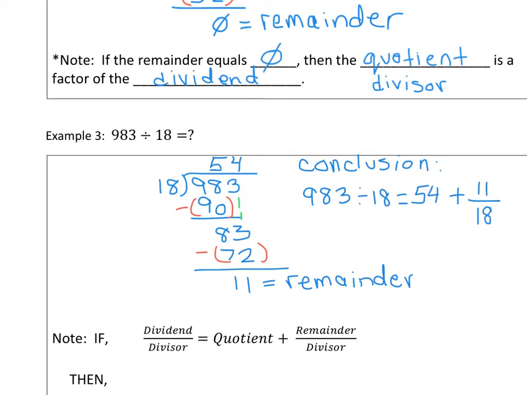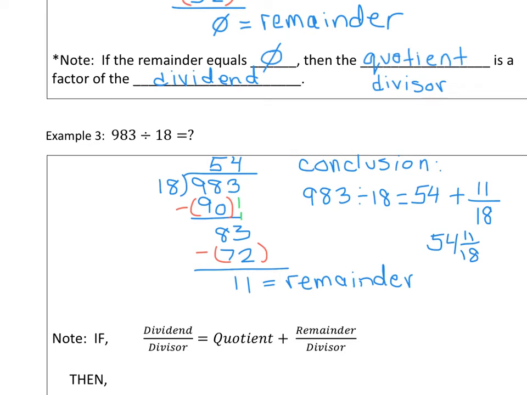So our quotient is 54 plus 11/18. Now when we add a fraction here to a whole number, we usually bring them together. So we would also write this as 54 and 11/18.